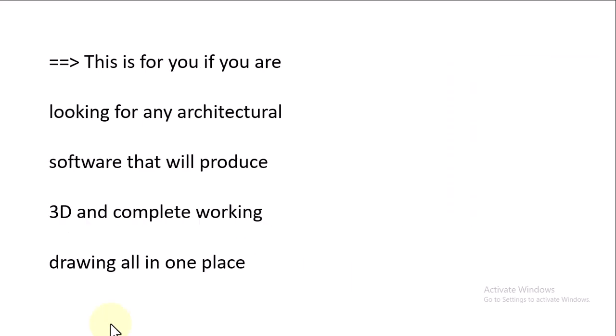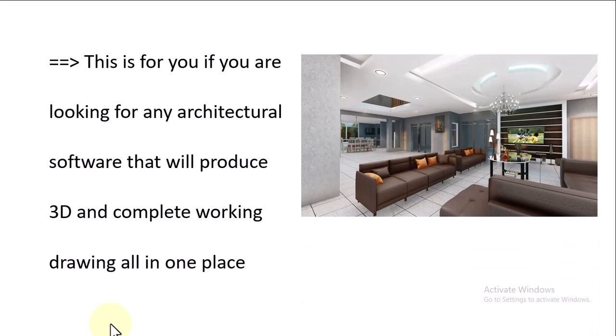Training is for you if you are looking for an architectural software that will produce interior design and produce 3D design and also produce working drawing, everything in one place. If that is the kind of architectural software you are looking for, then this training is for you.